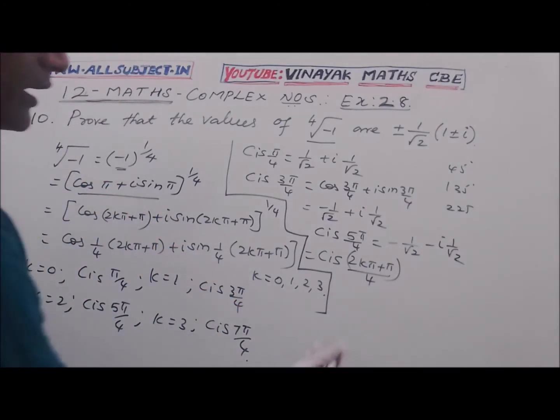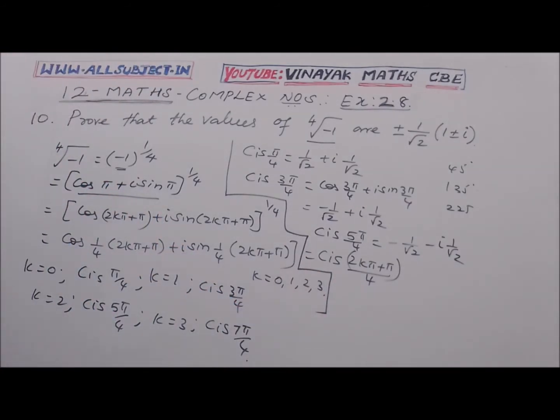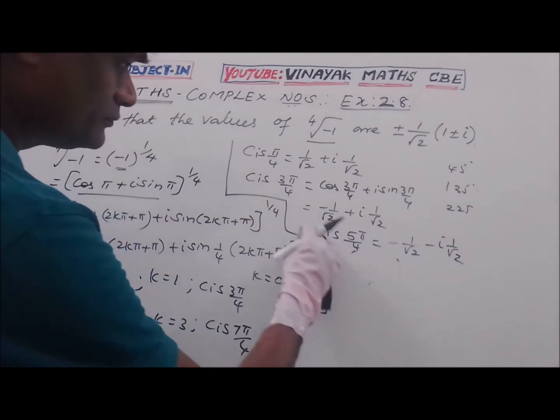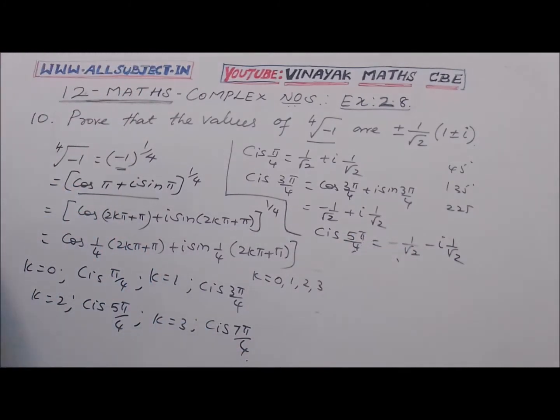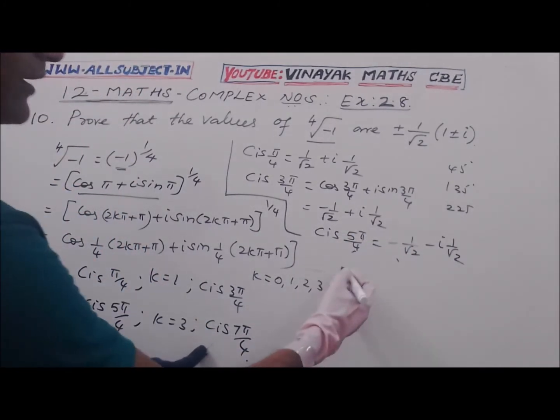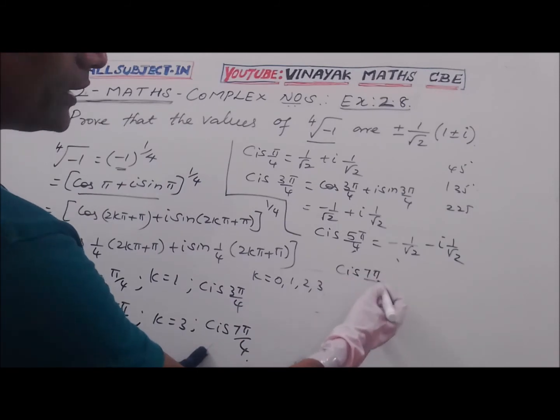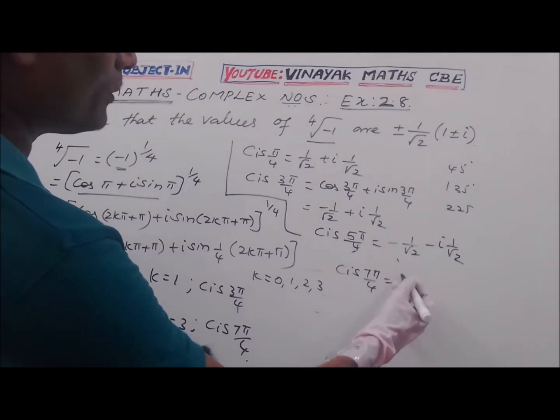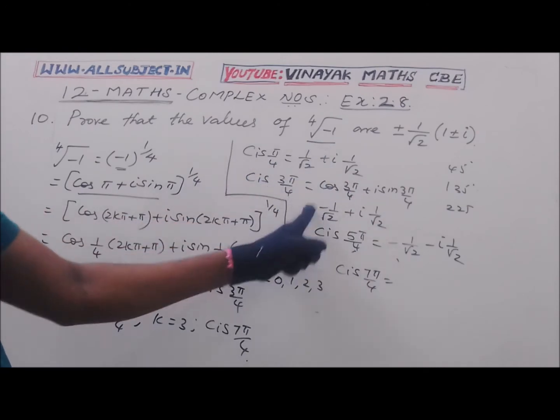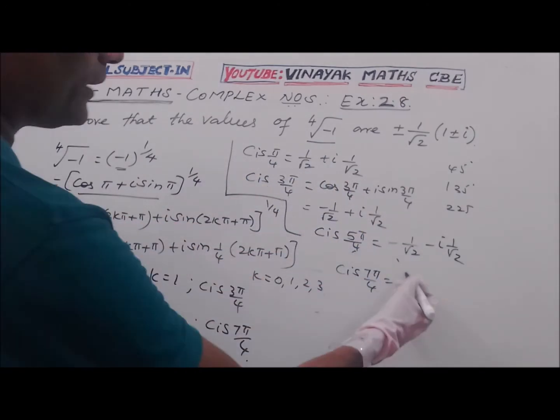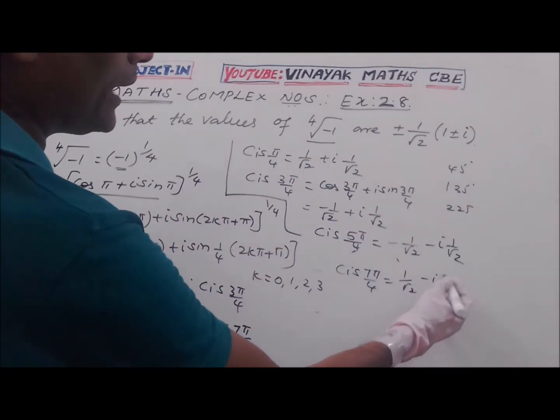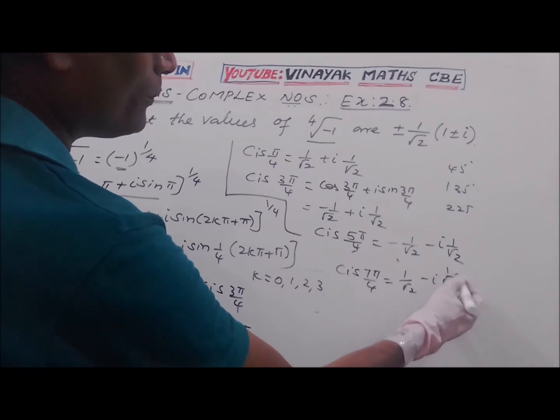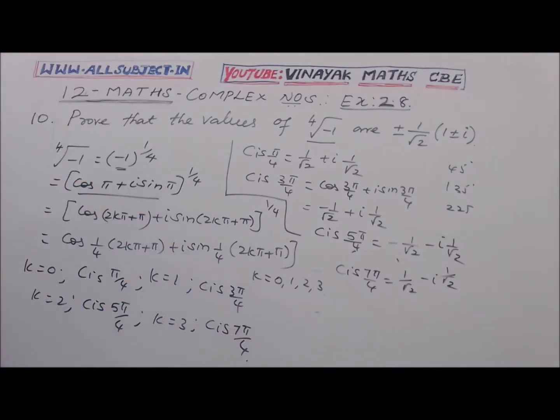And then for the last one, cis 7 pi by 4, the signs are plus and minus, that is 1 by root 2 minus I 1 by root 2.